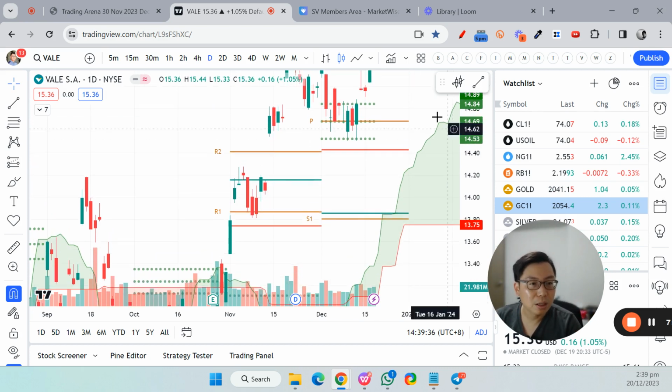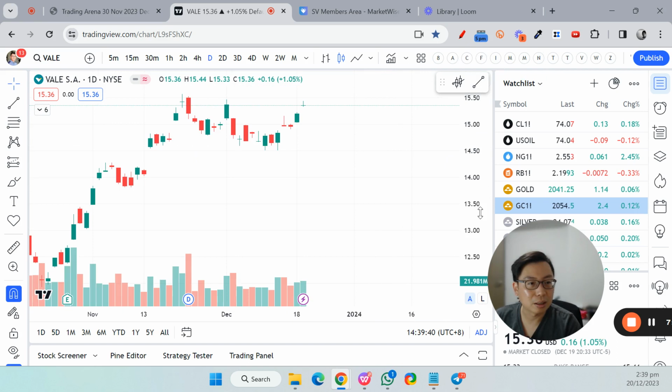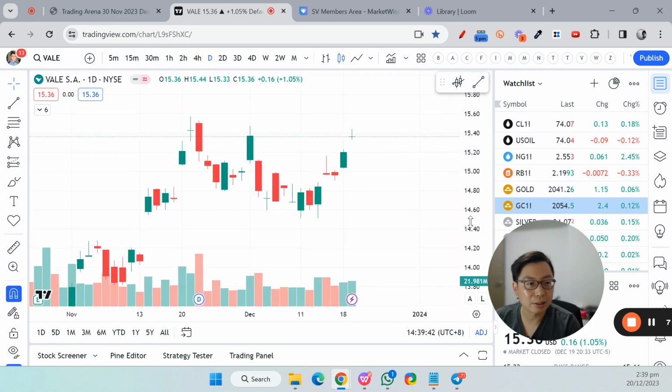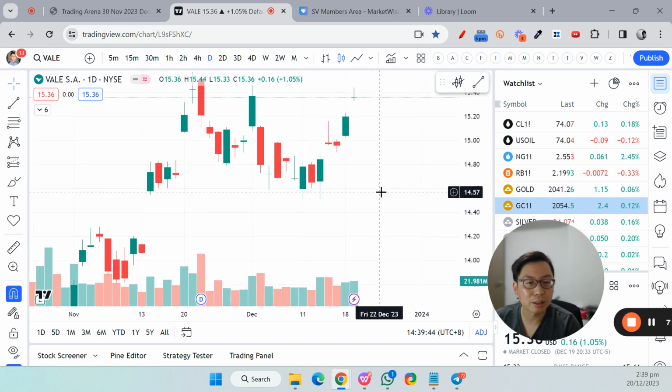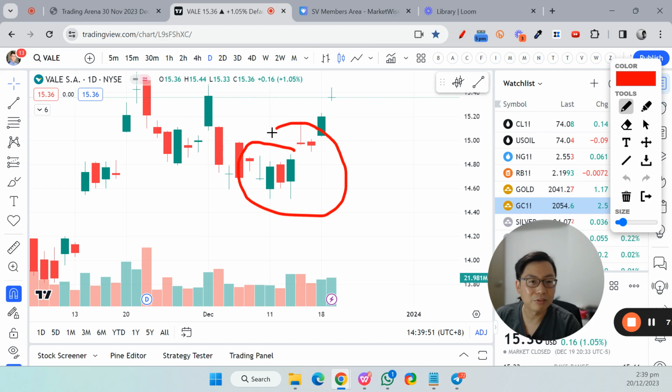Okay, I'll do a naked chart so you can see clearer. Can you see that there is a pullback over here? Based on the seasonal data, somewhere around here is a favorable time. So we want to enter somewhere around here, and price actually has come down to a support area.